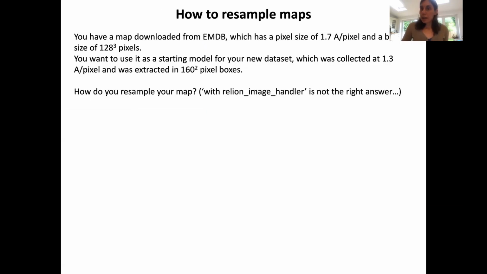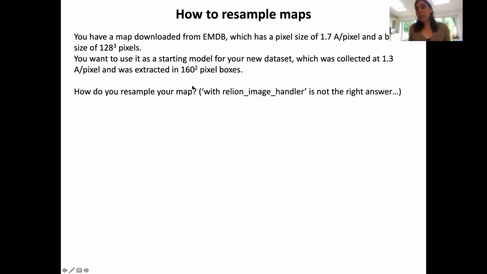Another thing that is actually very useful, and I think it might be a good challenge for you, is to resample your map. Imagine that you have a map that you downloaded from the EMDB with a certain pixel size, 1.7 angstrom per pixel, in a box of 128 cubic pixels.